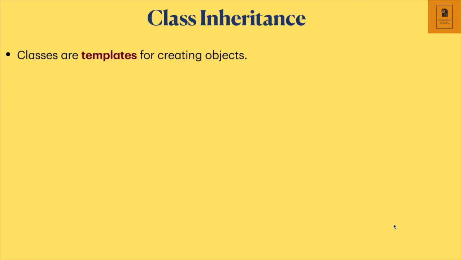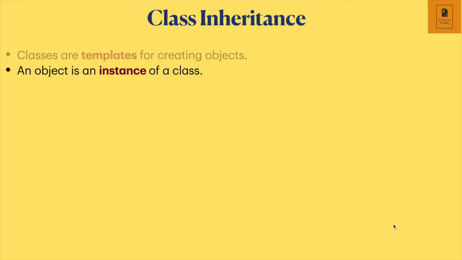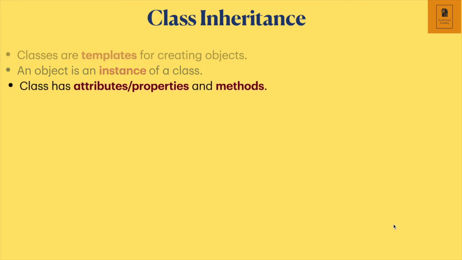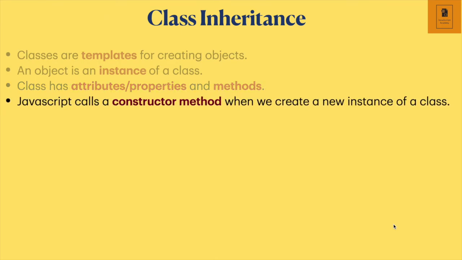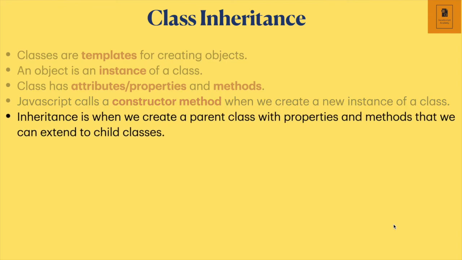So let's summarize what we discussed. We talked about classes being templates for creating objects. An object is an instance of a class, and a class has attributes or properties and methods. JavaScript calls a constructor method when we create a new instance of a class. Inheritance is when we create a parent class with properties and methods that we can extend to child classes.